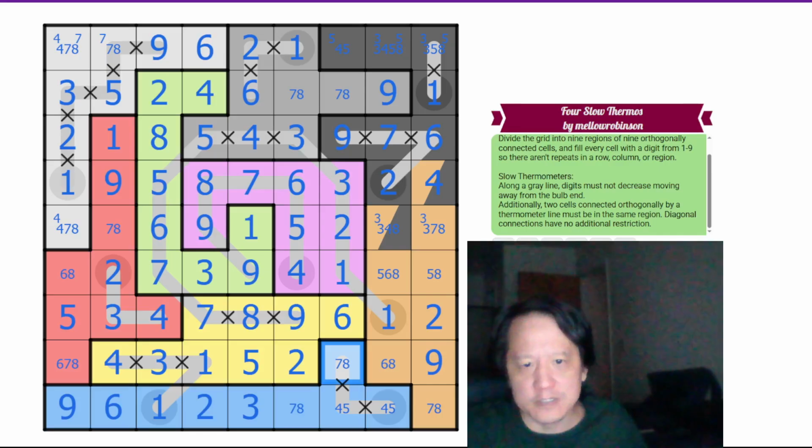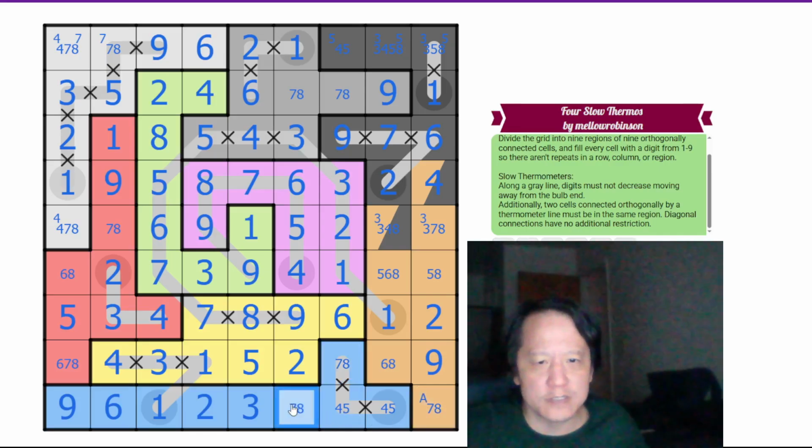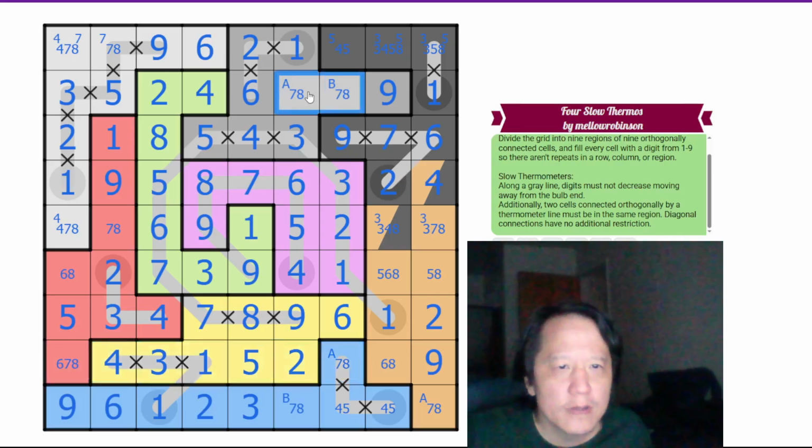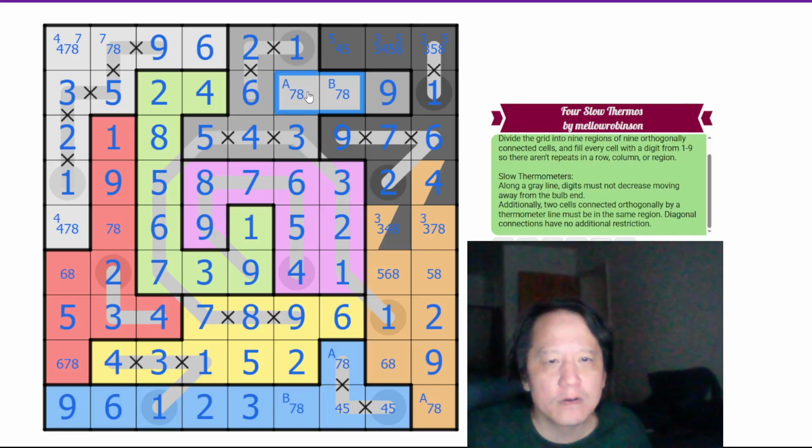Let's mark these as letters. So we're going to mark this as A and B. This must be A as a 7 or 8, which makes this B, which makes that A. A and B there.